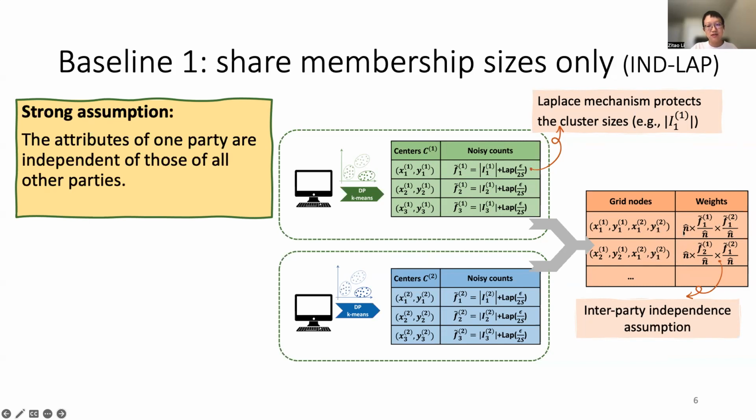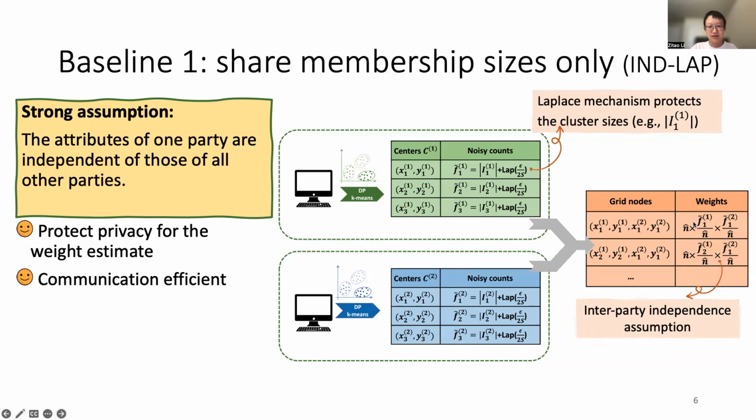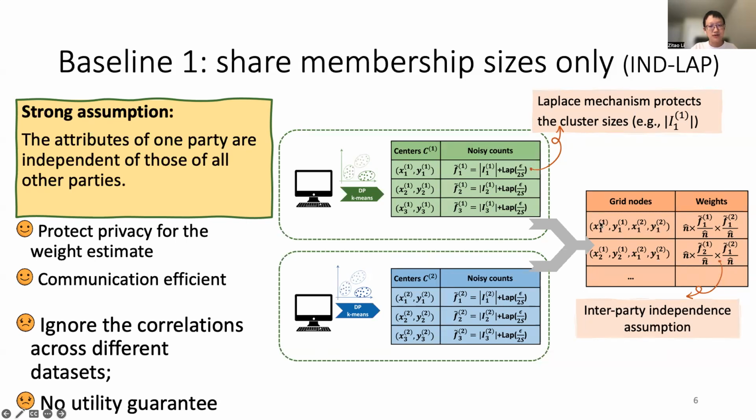With this strong assumption, we can calculate the weight by just multiplying the total user number with the proportions of users falling in the corresponding clusters. Clearly, this approach can provide privacy protection, and it is very communication efficient because it only shares the private centers and the private cardinalities, but it totally ignores the correlation in the inter-party attributes, and thus there is no utility guarantee with this method.